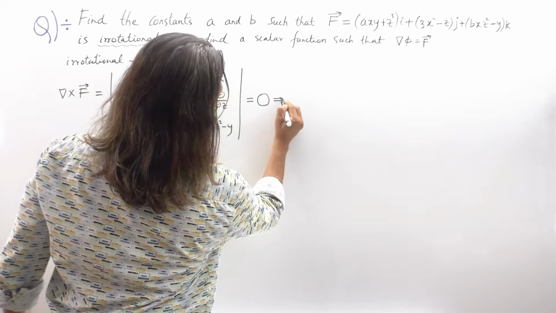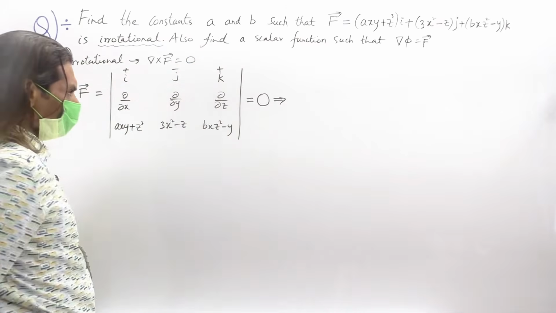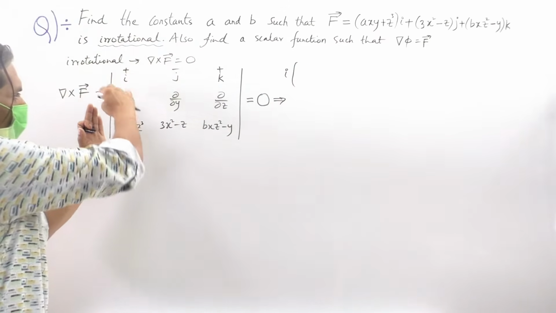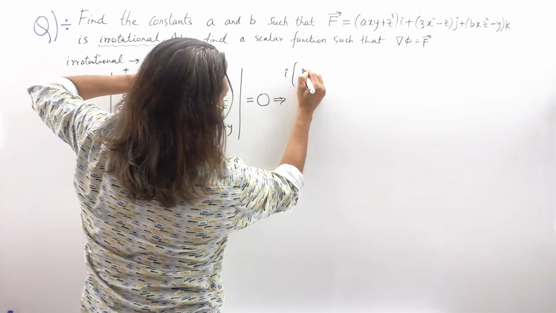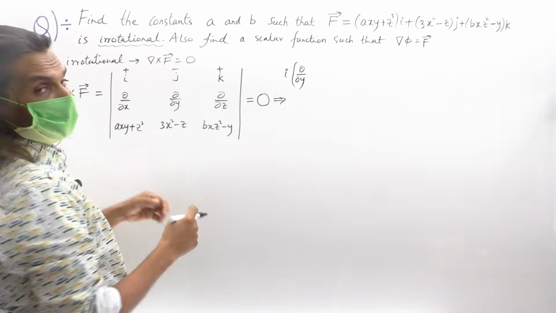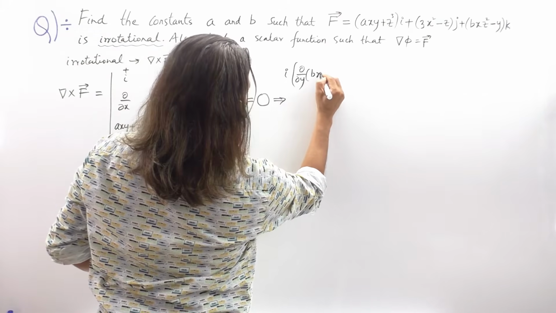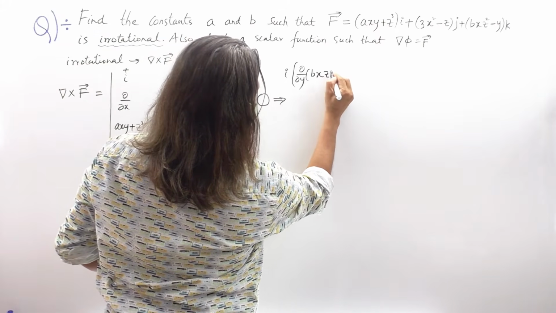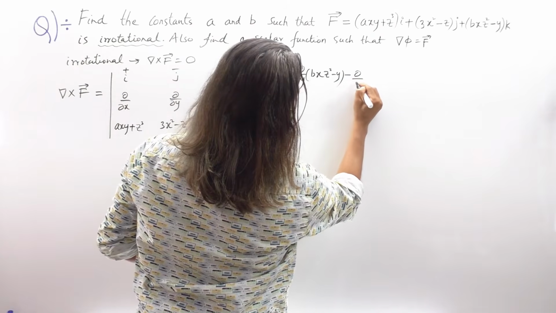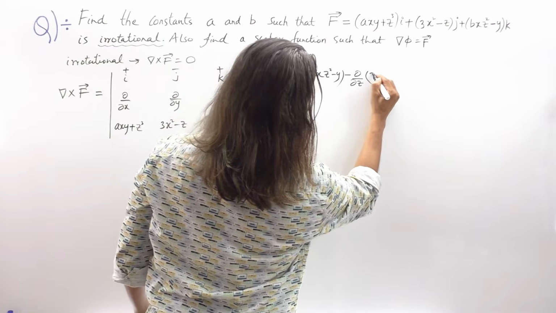This will be as usual plus, minus and plus. So we have always plus i into, leaving this column and this row, dou by dou y of bxz square minus y, minus dou by dou z of 3x square minus z.